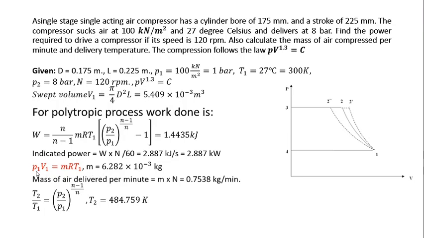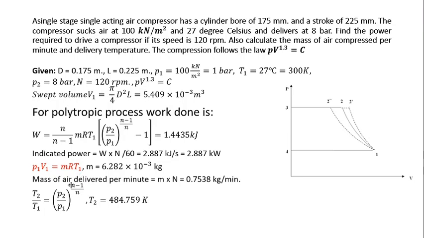So P1 should be in kilopascal or pascal, V1 should be in meter cube, m should be in kilogram, R either joule per kilogram Kelvin or kilojoule per kilogram Kelvin, T1 in Kelvin.